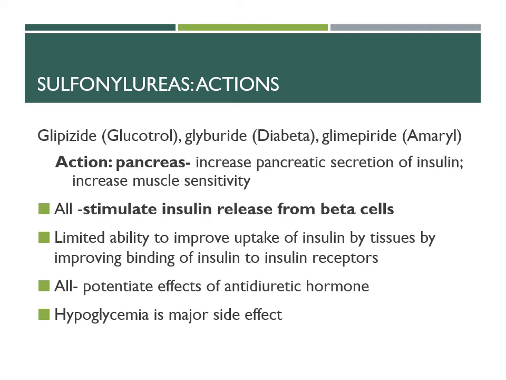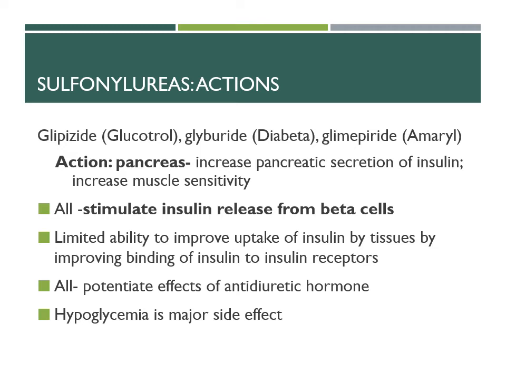So all the sulfonylureas stimulate insulin release from the beta cells. They have a limited ability to improve uptake of insulin by tissues because they do improve binding of insulin to insulin receptors, but we don't really think of them as targeting the insulin resistance. They can have some effect, however.